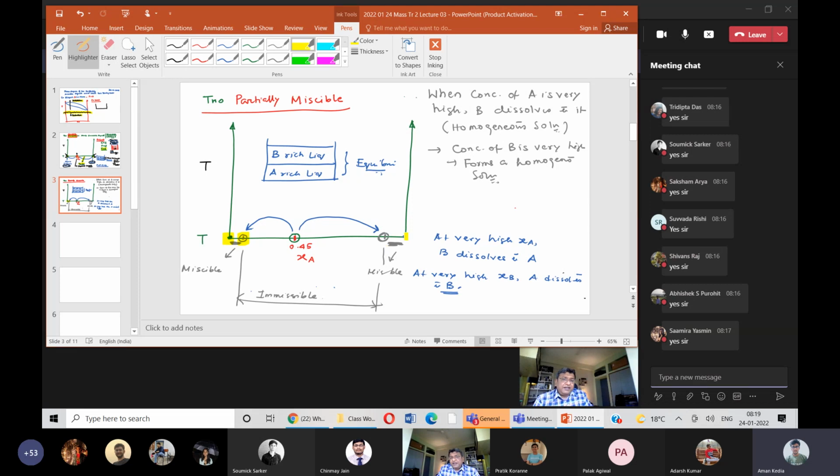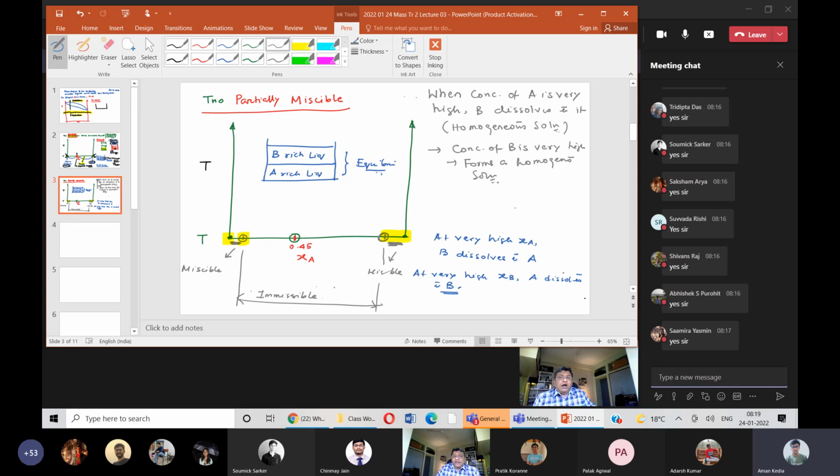On the other hand, here this is 100%. So in this range where the concentration of A is very, very high, you again get a homogeneous solution, right? So at any intermediate composition, the system is immiscible.